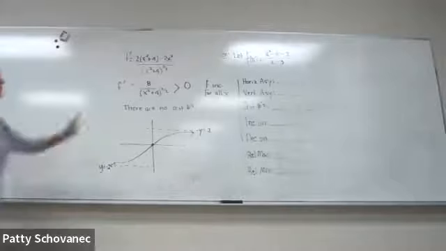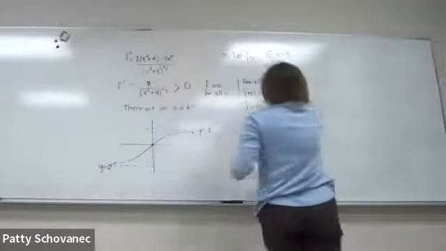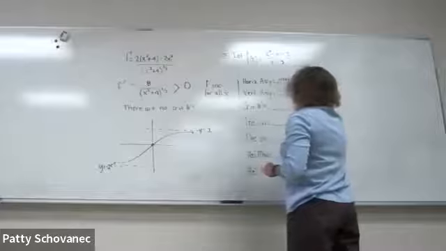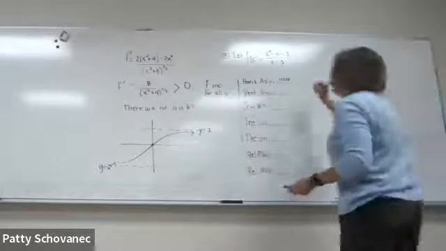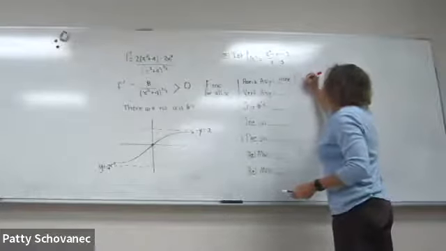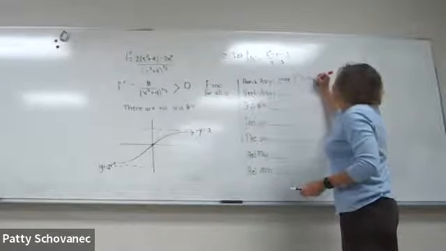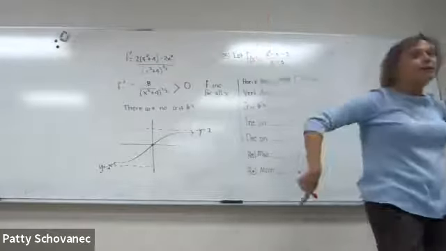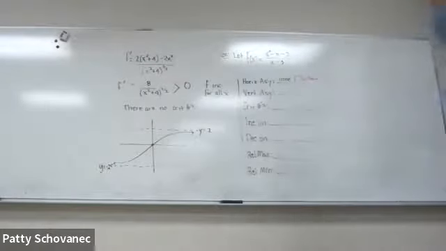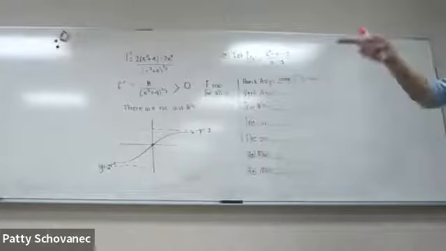There are no horizontal asymptotes. The top grows faster. No horizontal asymptotes because it's top heavy. That means the ends of the graph will either both go up or both go down. They're going to infinity or to minus infinity. They're not going to a horizontal line.